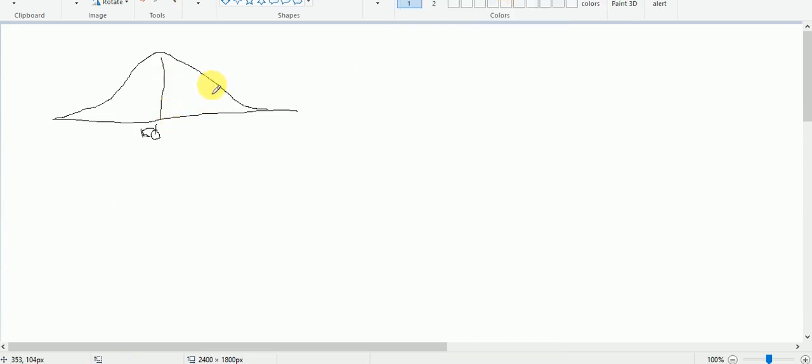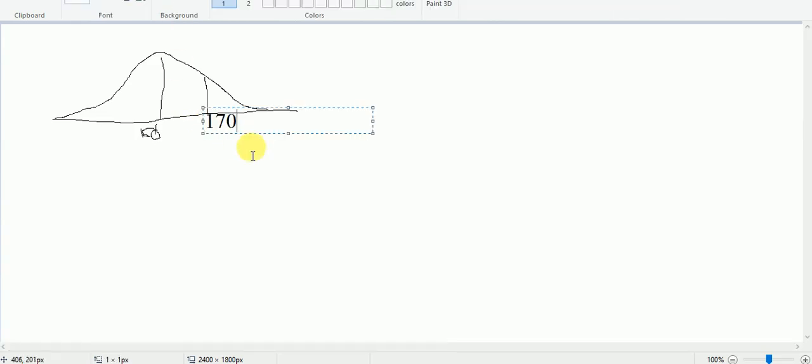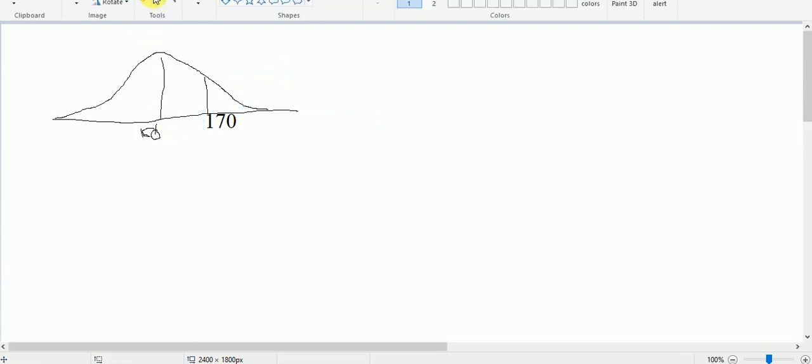See, 170 will fall somewhere near this. So I will just pick another, standard Z curve. I'll draw another standard Z curve here.